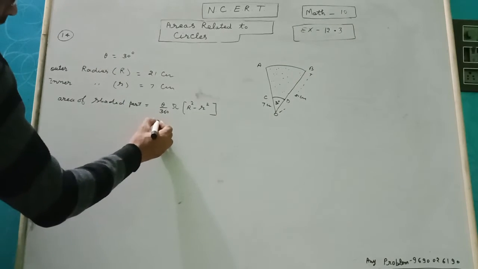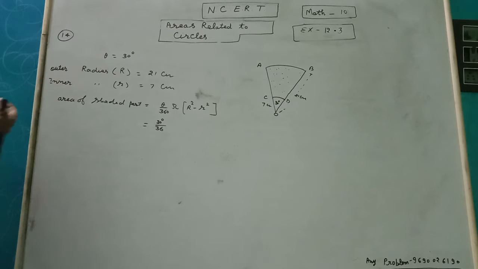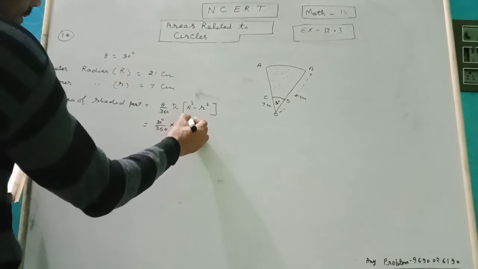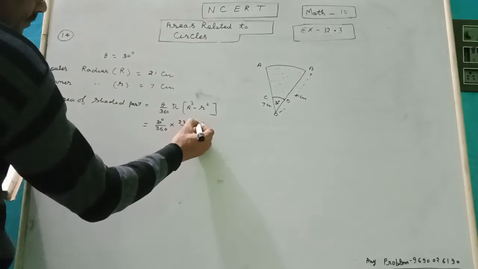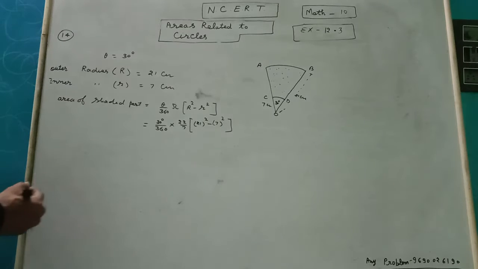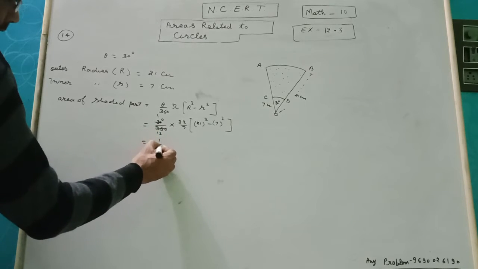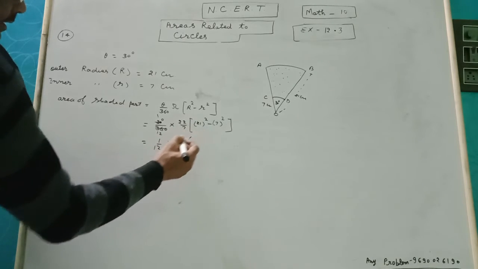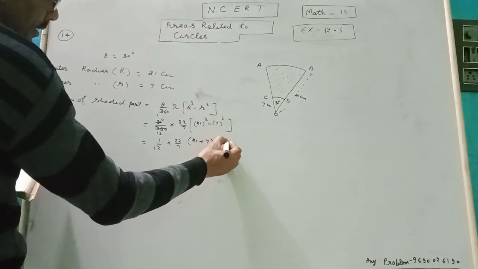Theta is equal to 30 degrees upon 360, pi value is 22 upon 7, capital R is equal to 21 cm, minus 7 square. 1 upon 12 into 22 upon 7, into (21 plus 7) and (21 minus 7).